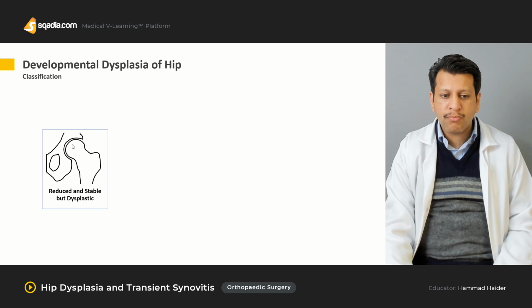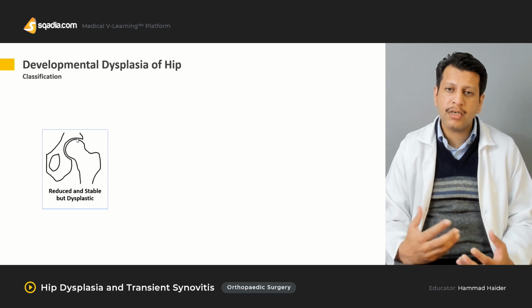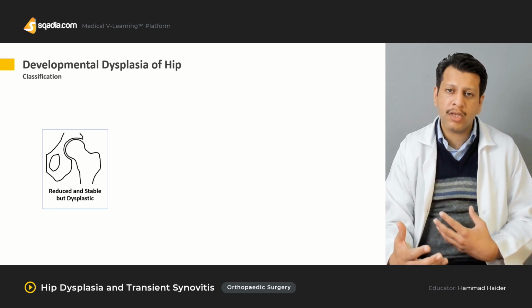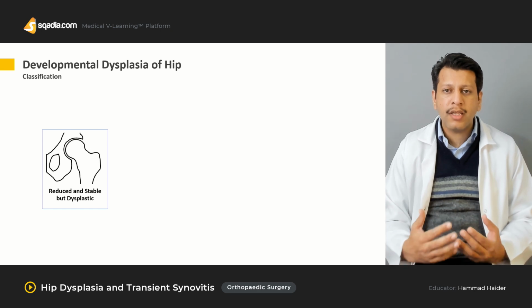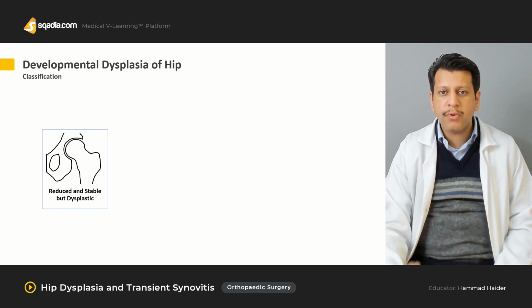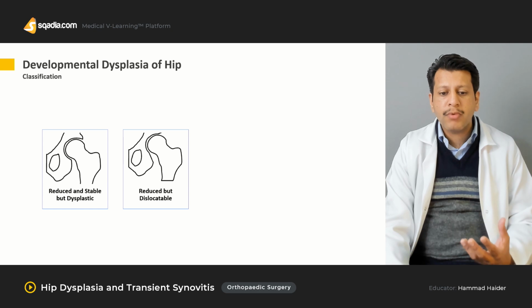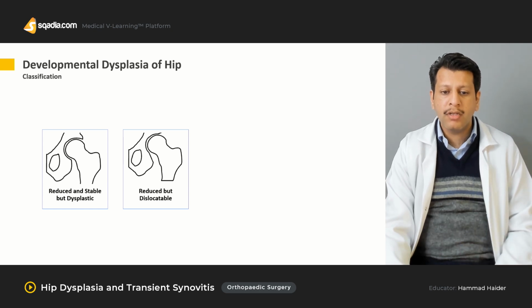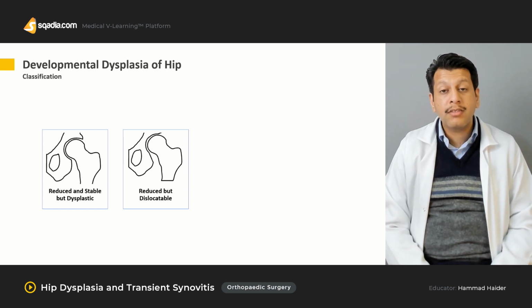So if there is a dysplastic or deficient acetabulum at any level, and most commonly it's anterolateral deficiency of the acetabulum, as a result the head migrates laterally and upward. The next form is reduced but dislocatable. Now this is called an unstable hip.